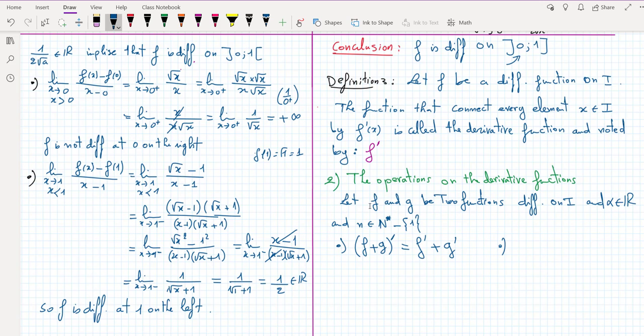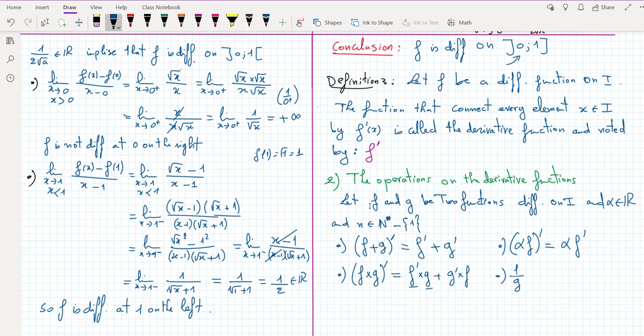Second property, the derivative of alpha f, constant times f, is alpha f prime. The third property is the derivative of the product f times g prime is f prime times g plus g prime times f. As you can see here, we switch the prime between f and g.